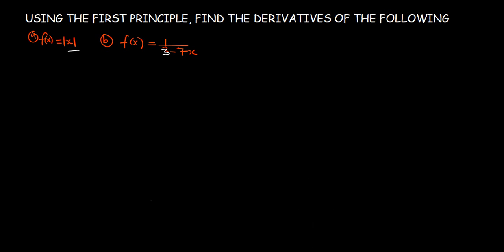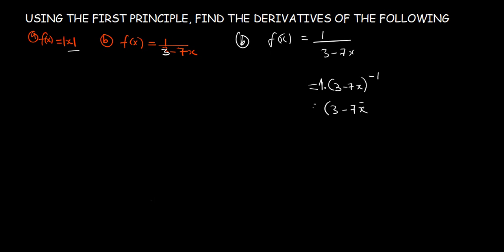Okay, so now solving question B, we say f of x is equal to 1 over 3 minus 7x. Of course this you can solve using just another type of principle. So I'll say this is 3 minus 7x to the power negative 1. All right, so that is 3 minus 7x to the power minus 1.